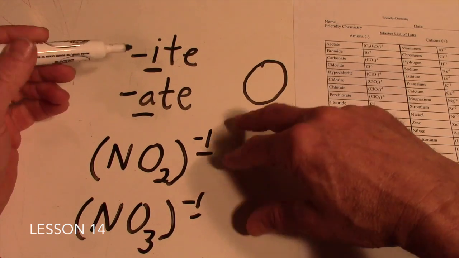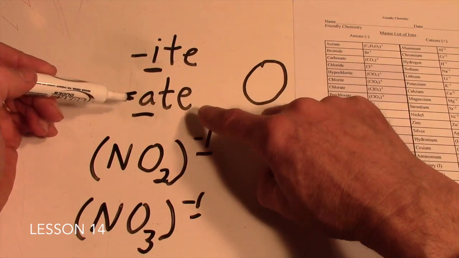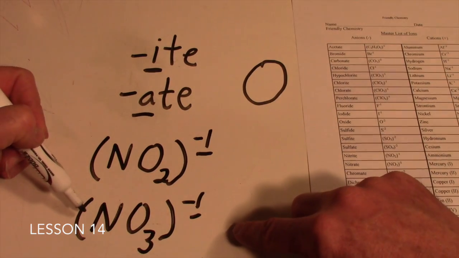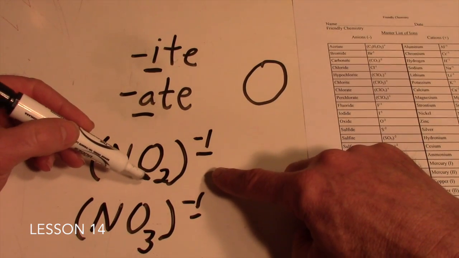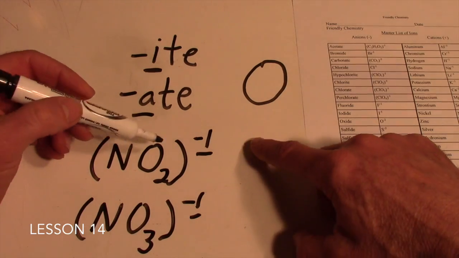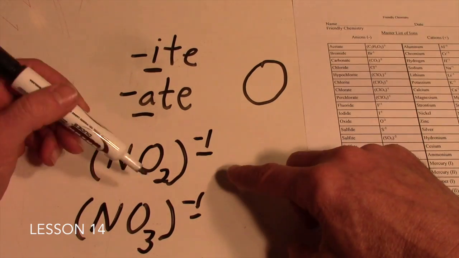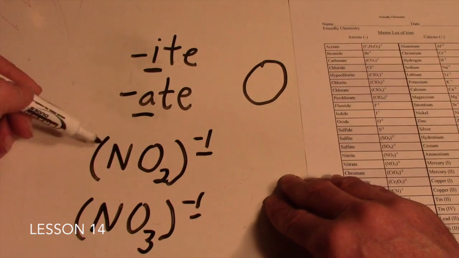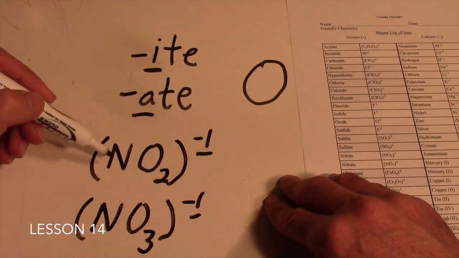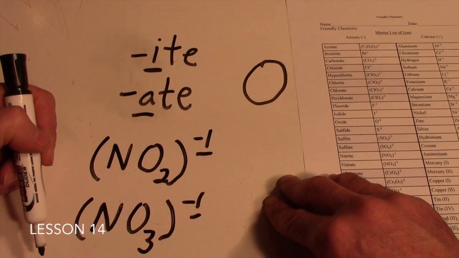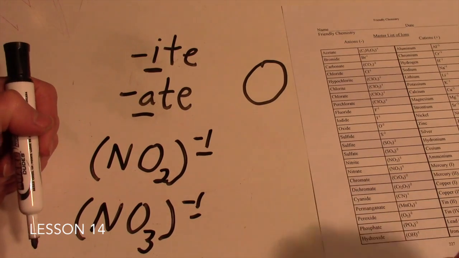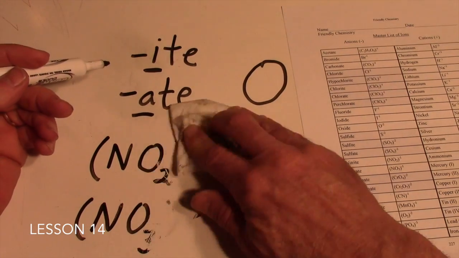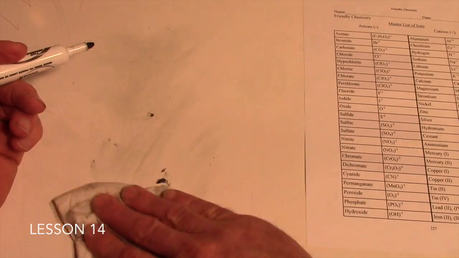So, -ite is less than -ate. In the case of nitrite and nitrate, nitrite will have fewer than the nitrate. The charge is written on the outside to help indicate that the charge functions on the whole, has its effect on the whole ion there. Alright, let's look at a couple more here now.